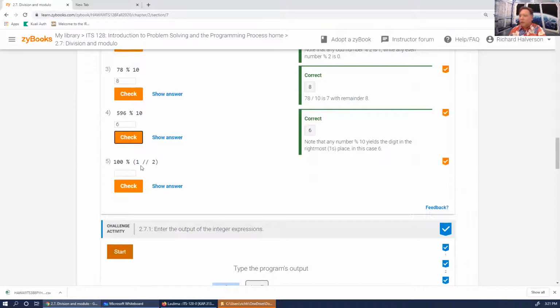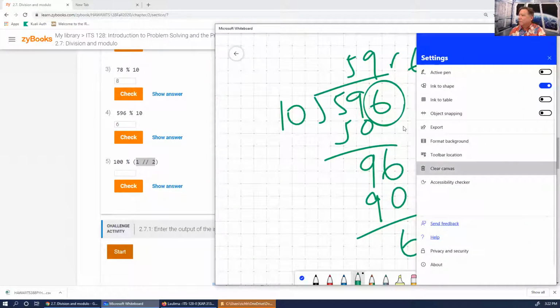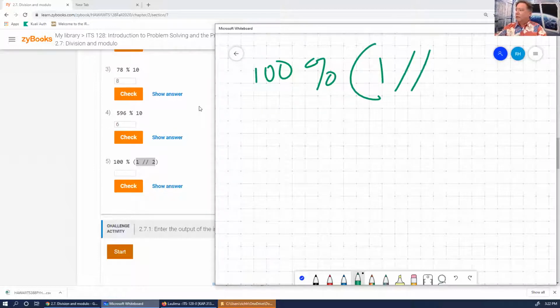And now this one, first you do the 1 divided by 2. Okay, so we're doing 100 mod 1, but it's this integer divide by 2. So first you do that.